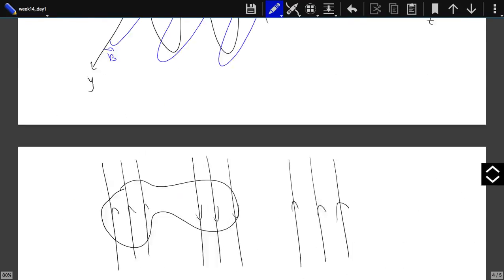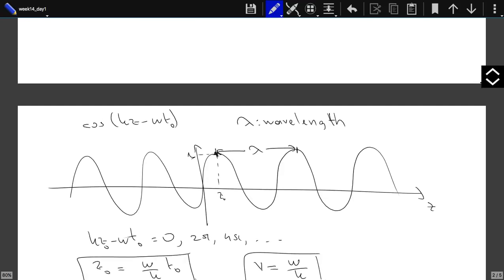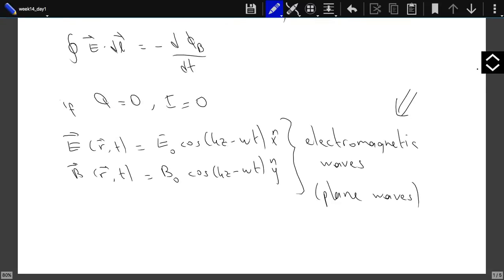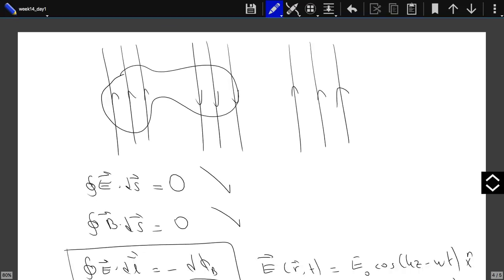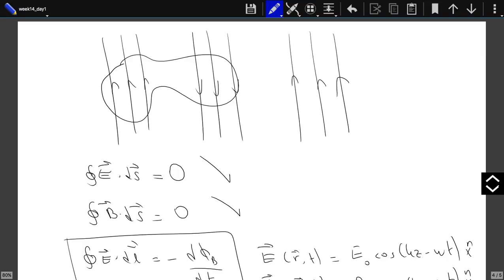So just to review what we had done. We just made this assumption. We don't know whether this is a solution or not yet, but we are making an assumption that maybe we can have such a solution of the Maxwell's equations. Now, these equations already satisfy the Gauss laws. Two of the Maxwell's equations are trivially satisfied because the electric and magnetic field lines are just straight lines.